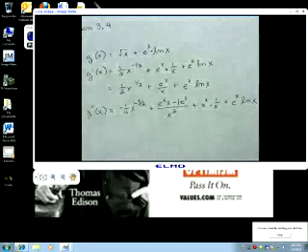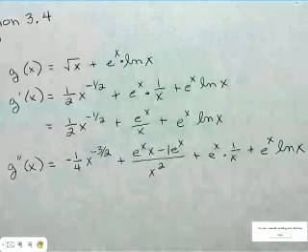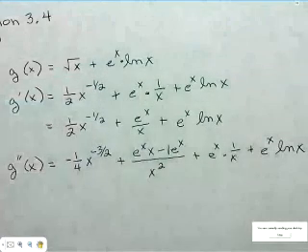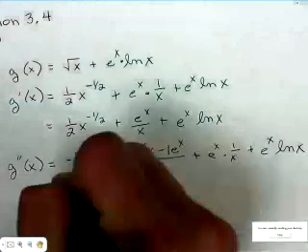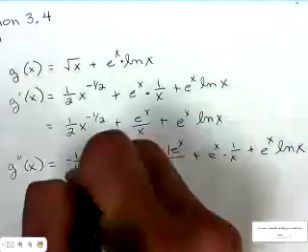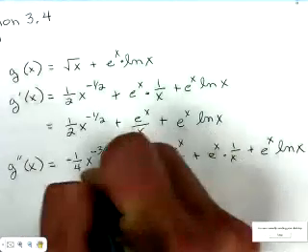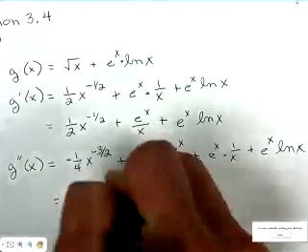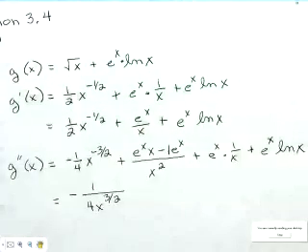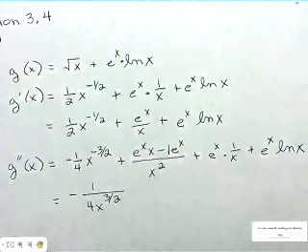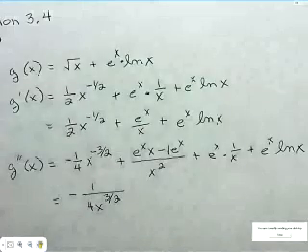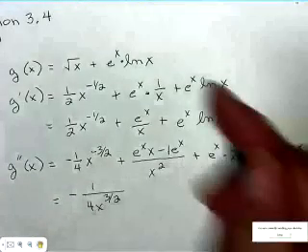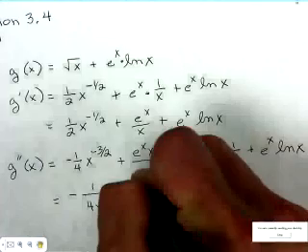And if I can clean that up, I will. I think that probably the first term will be written as -1 over 4x to the 3/2. Second term, I could factor out an e to the x from the numerator. You know what?